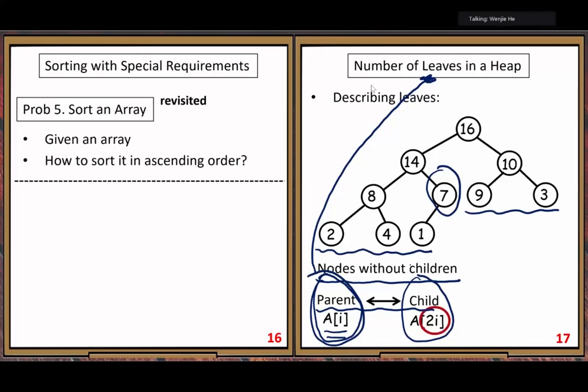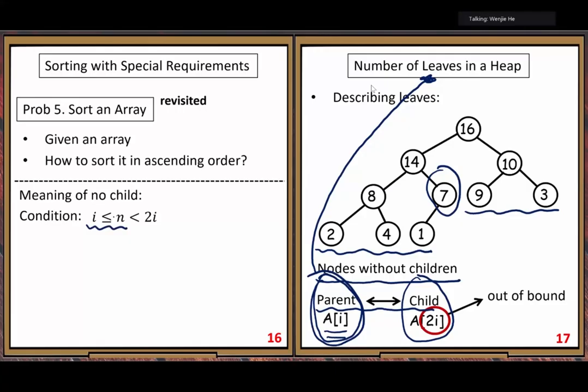Based on this understanding, now we can write an inequality, because we want to use a math formula to describe a leaf node, the meaning of no child. First, the index i must be within the range.